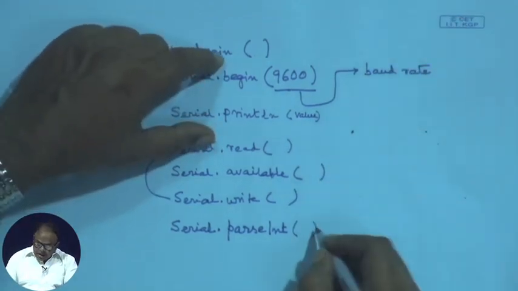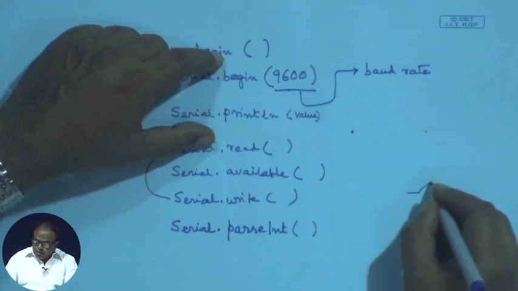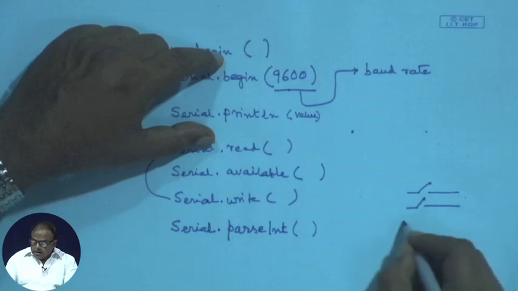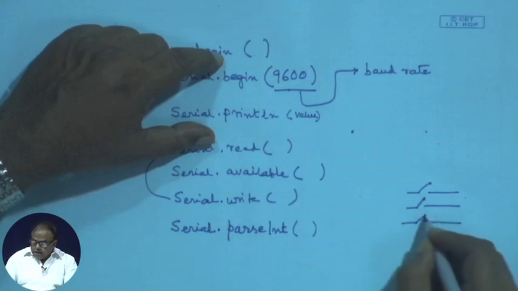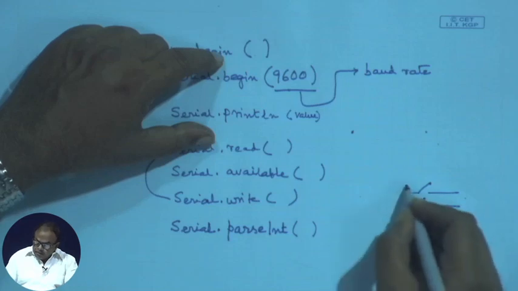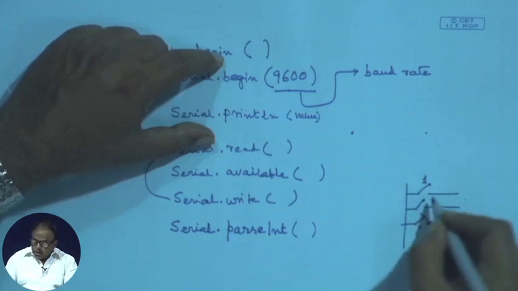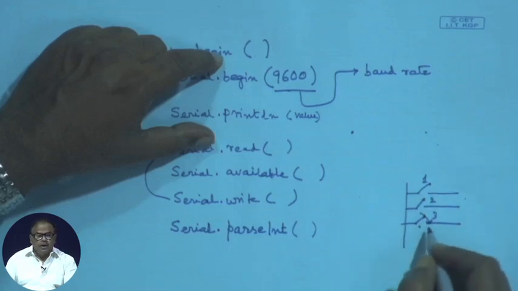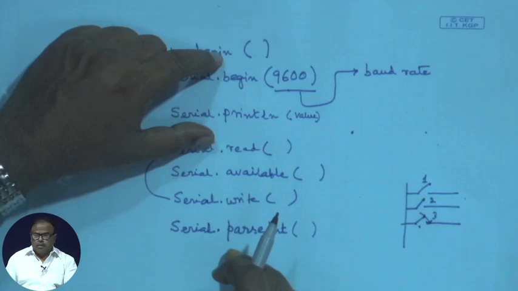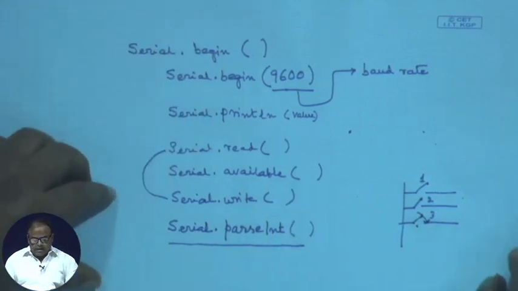This is if there is some event coming from, say for example, a keyboard, a particular key. There are several keys and each of these keys is encoded. If any of these keys are pressed, then the value corresponding to this key, whether it is key number 1 or key number 2 or key number 3, will be parsed and received by the serial port. We will be using it as an exercise a little later.